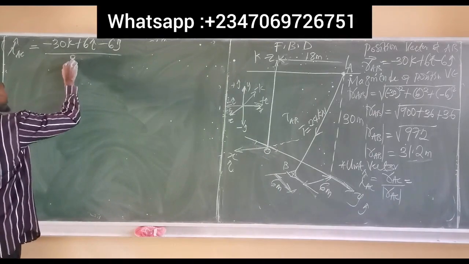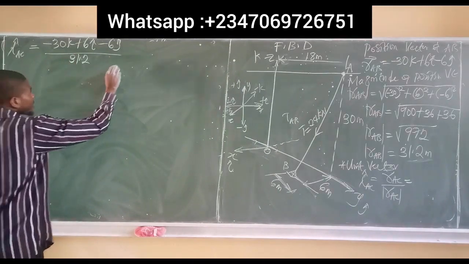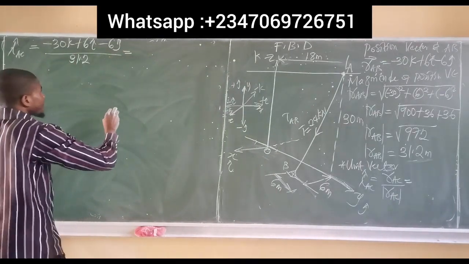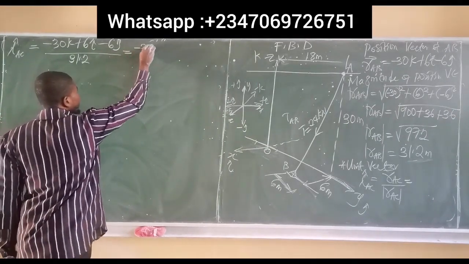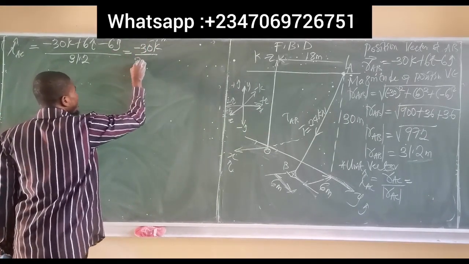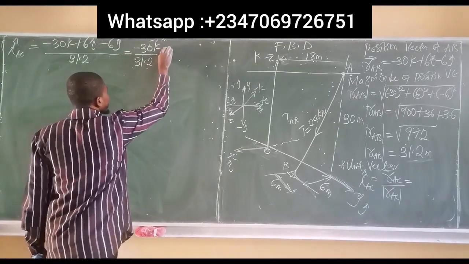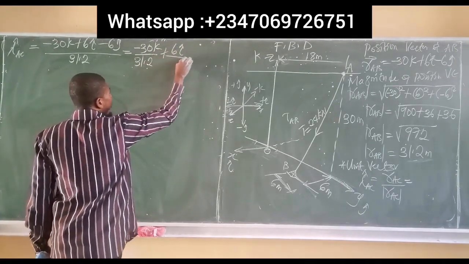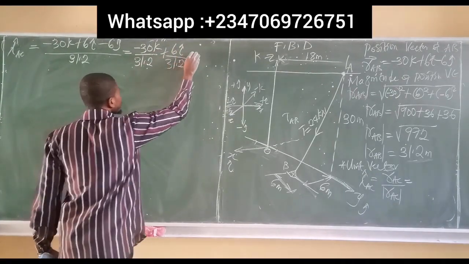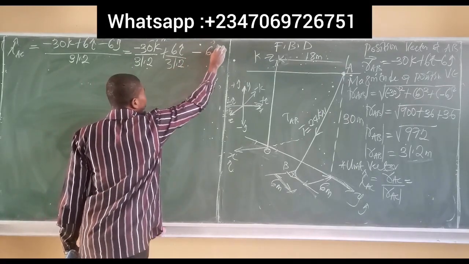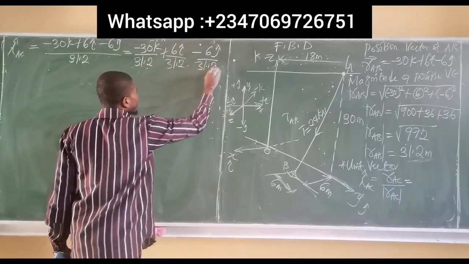So this is now divided by 31.2, and in the previous video I explained that this can also mean minus 30k all over 31.2 plus 6i all over 31.2 minus 6j all over 31.2.